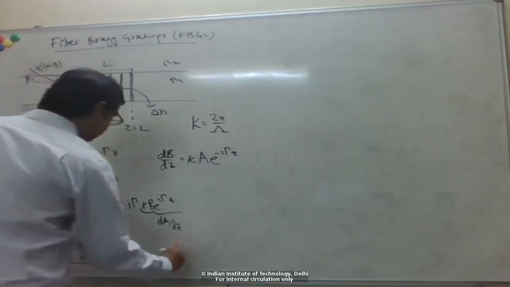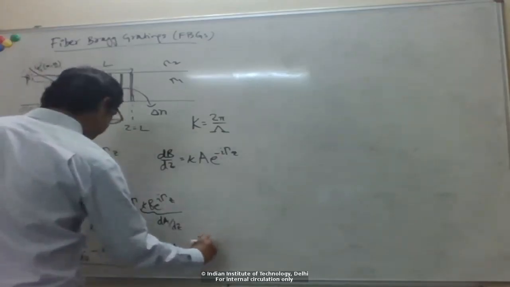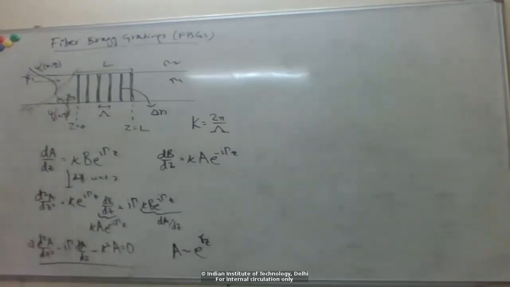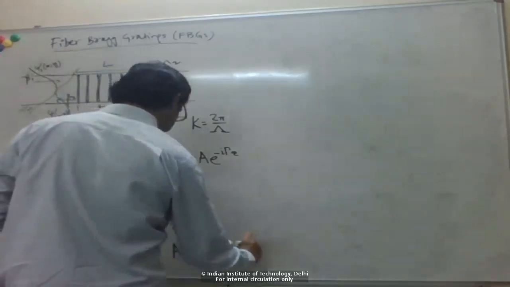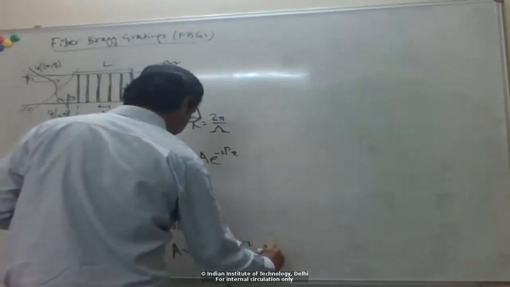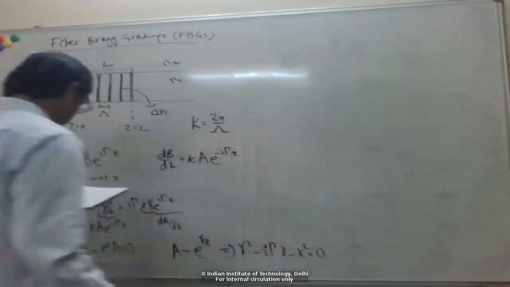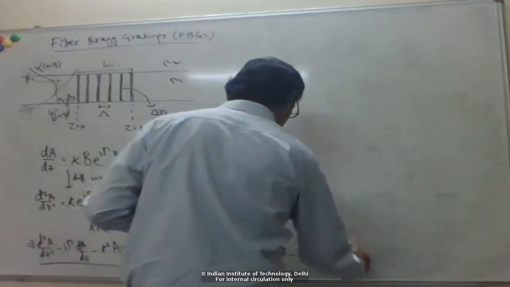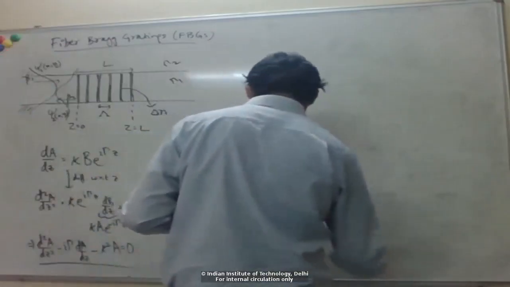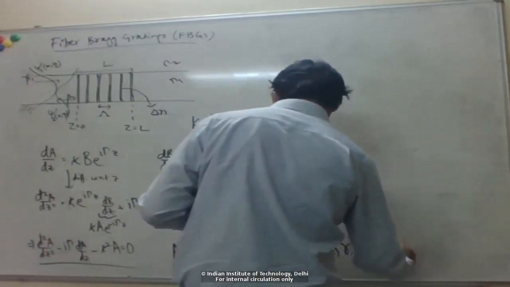So we can assume a solution like this, e to the gamma z, and then we substitute, so we get a quadratic equation for gamma. So we get two solutions. Two eigenvalues.